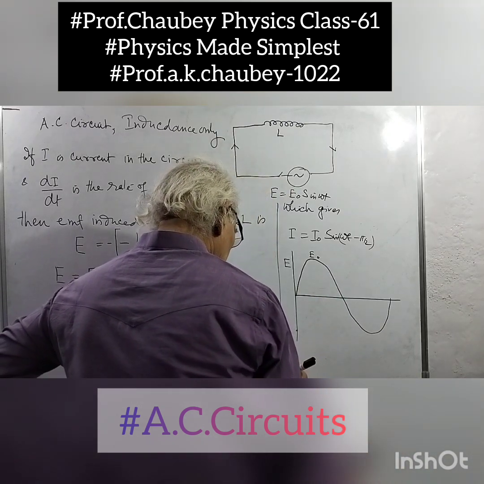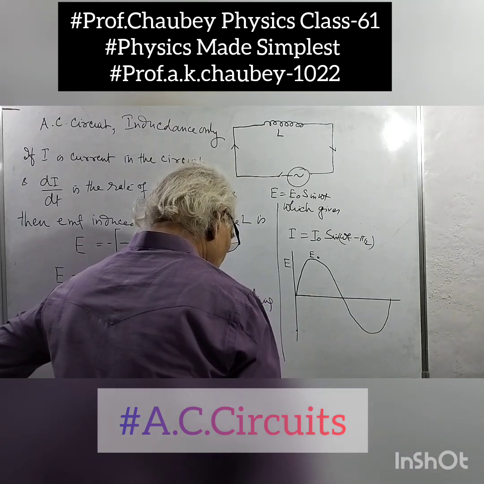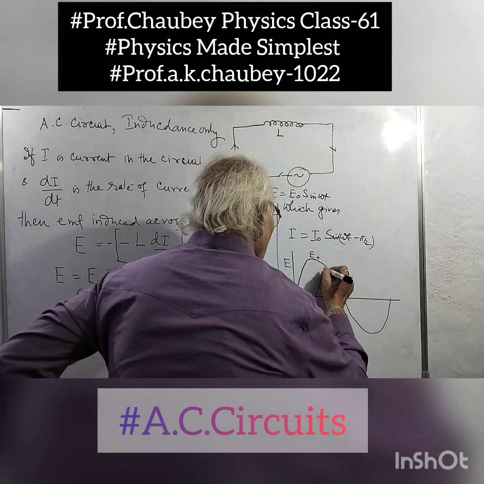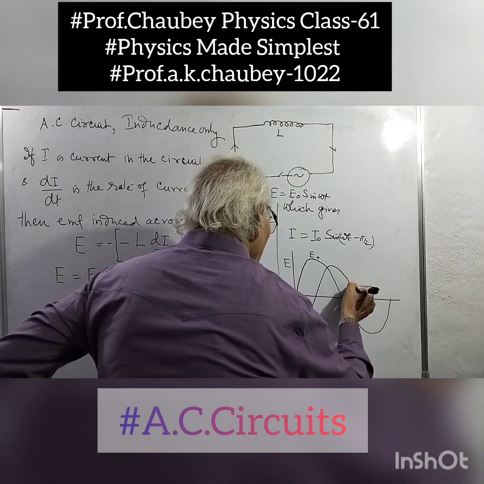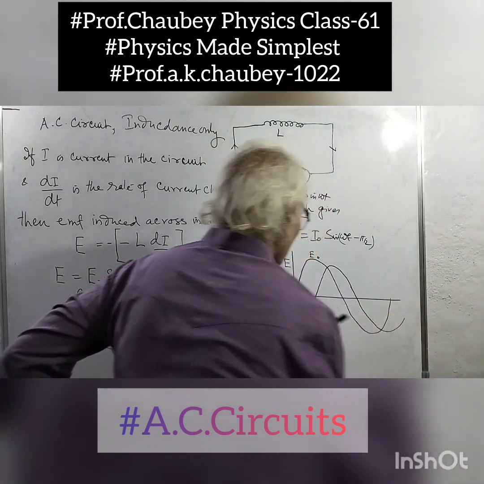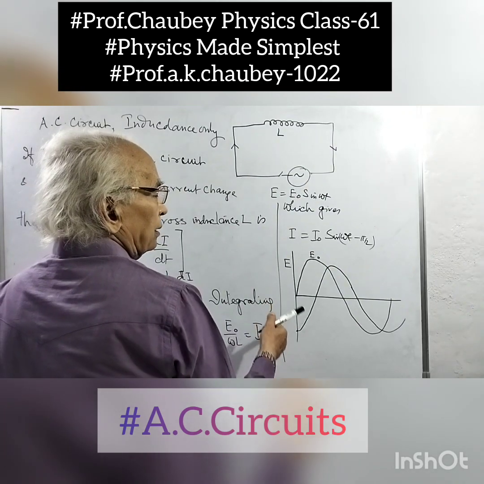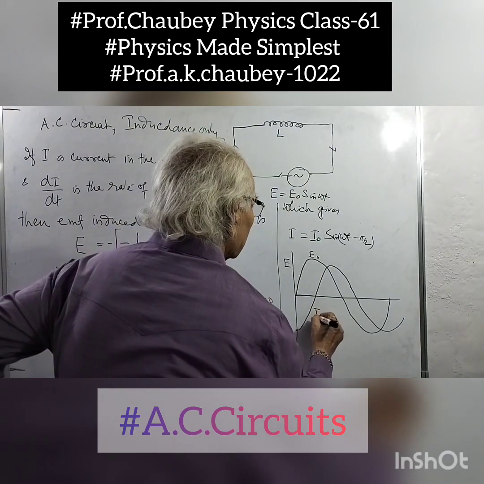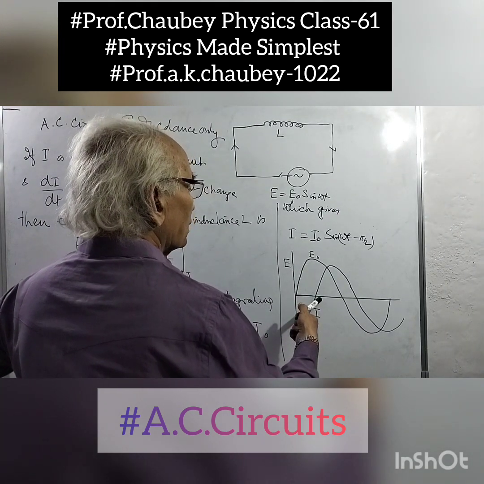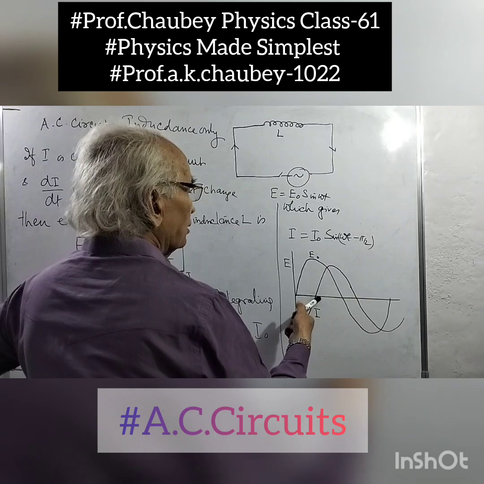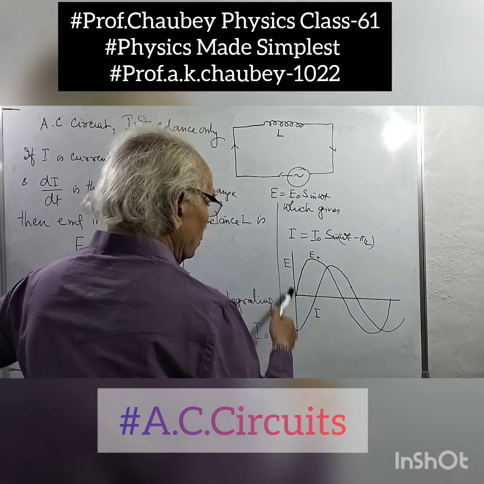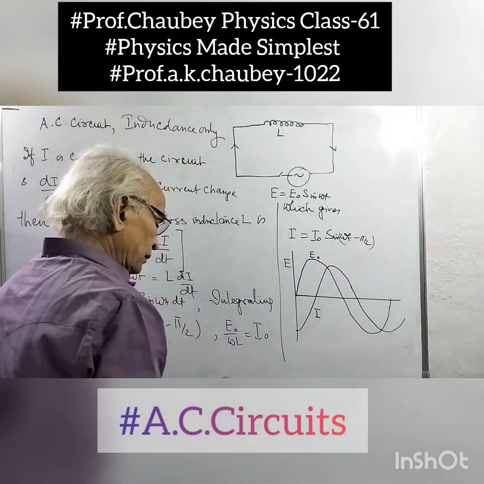So there is a phase difference between current and potential. When potential is maximum, current is 0. So there is a phase difference of pi by 2 in the potential and current.